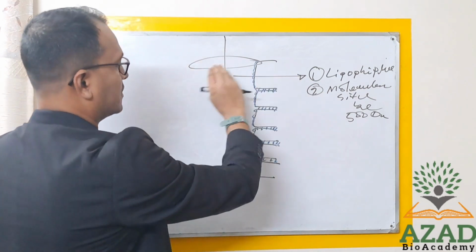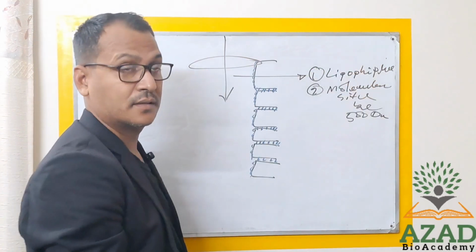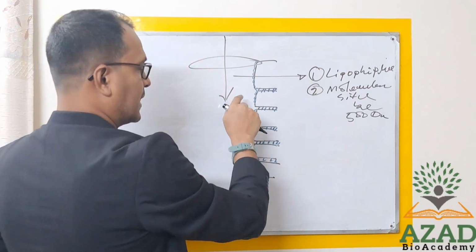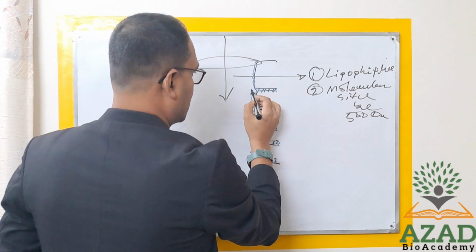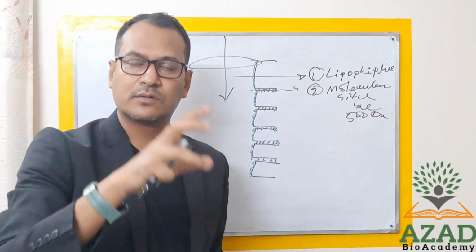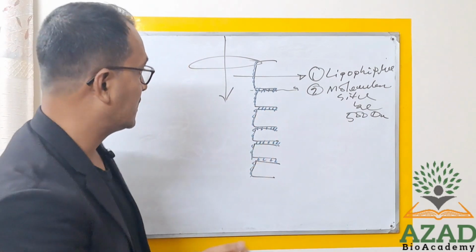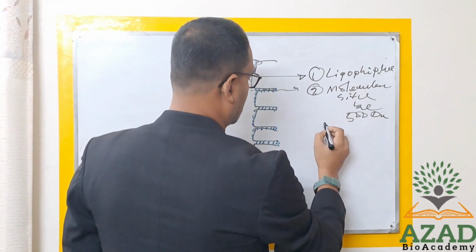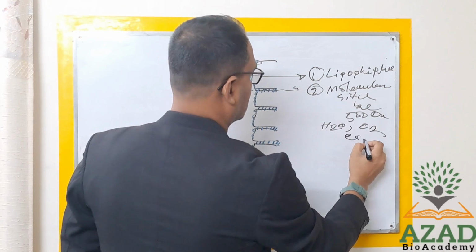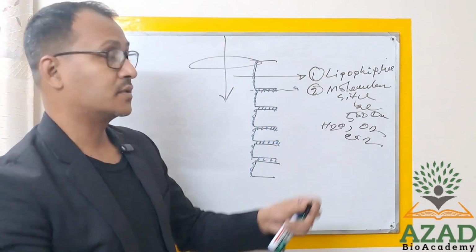it can pass through simple diffusion from the luminal part to the outside. It can pass that way, and also through the tight junction. You know, the tight junction is a very restricted area. Most molecules are not allowed through this tight junction, but some substances like water, oxygen, carbon dioxide can pass through this membrane as well as the tight junction.